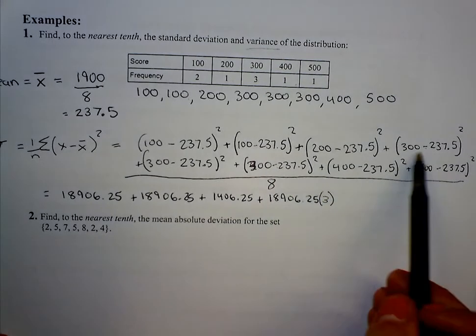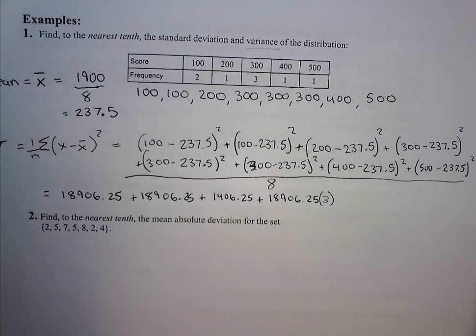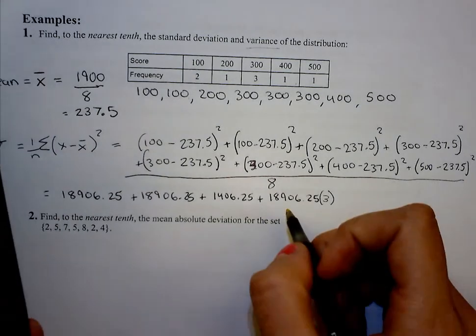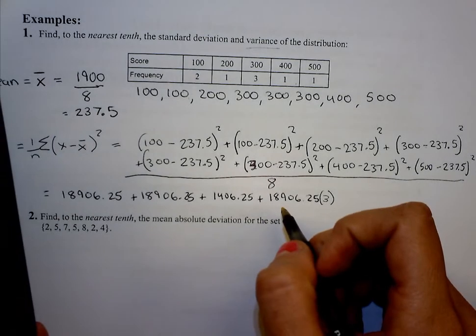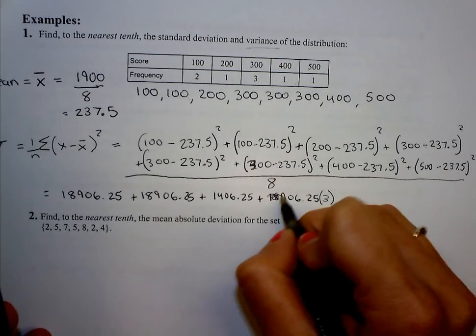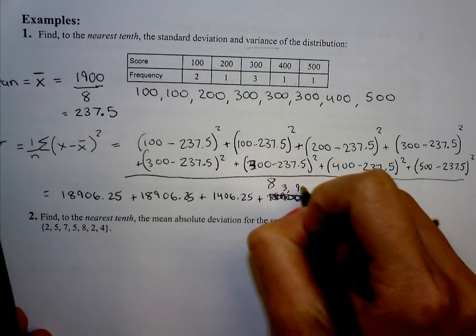So 300 minus 237.5 is what I did. Oh, did I make a mistake here? Shoot. Yeah, I did. My bad. This should be 3,906.25.